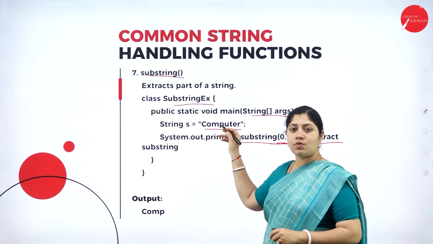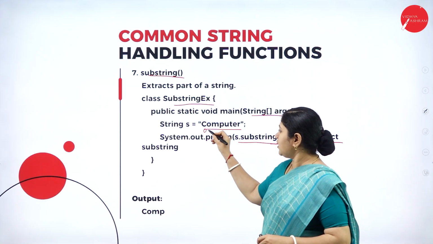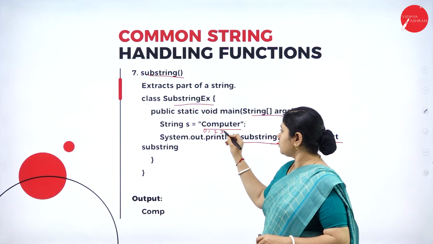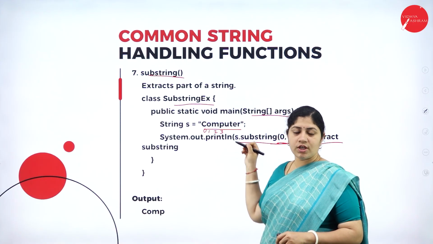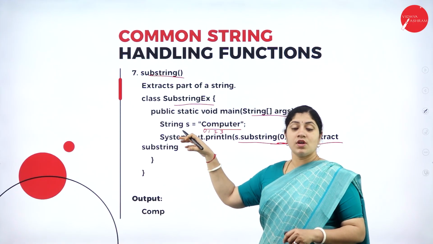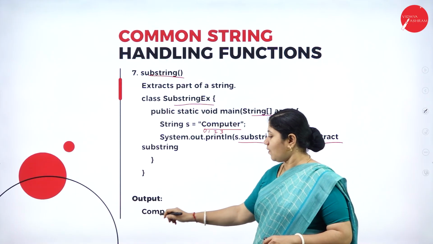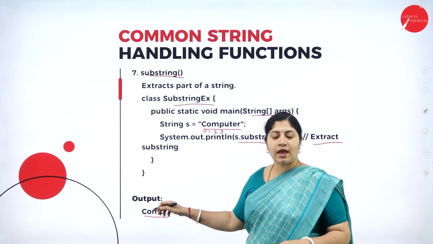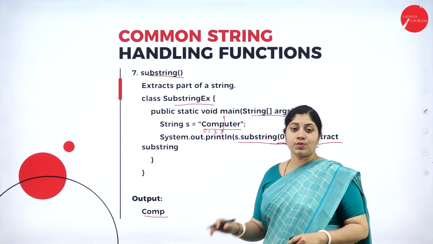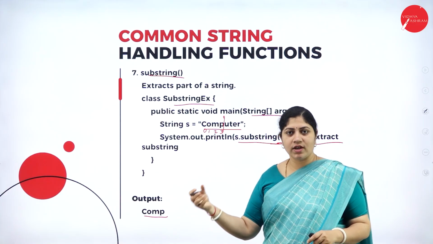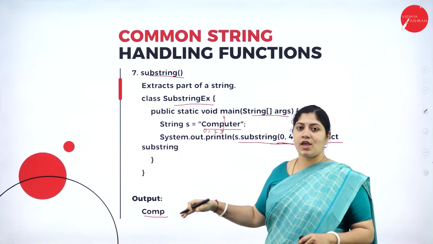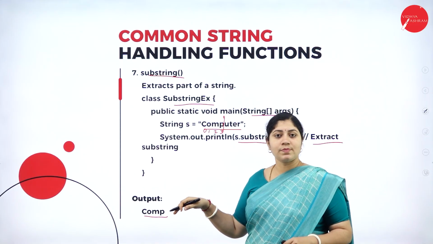Now 0 to 4 means the indexes 0, 1, 2, 3, in the sense that it includes the elements from 0 to 3. So at the output, as we can see, we have COMP. This is how we can extract a part of a string and consider it as a substring.